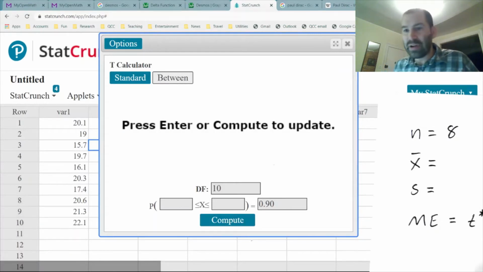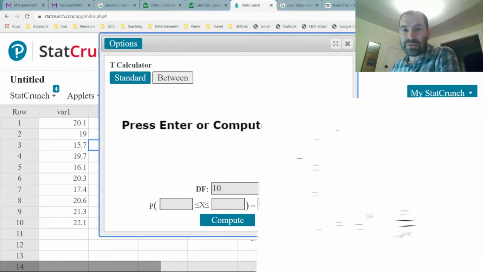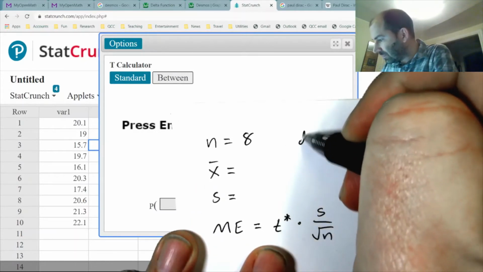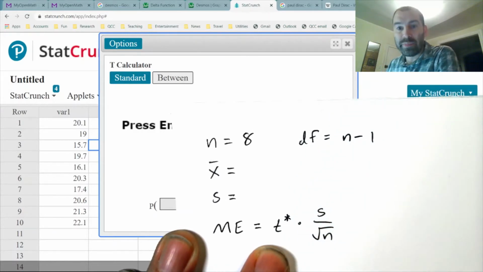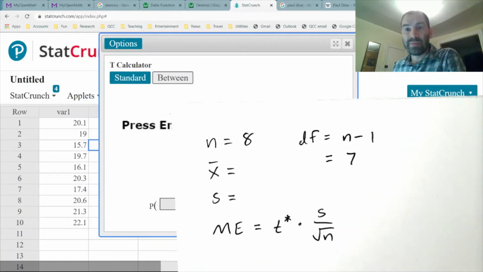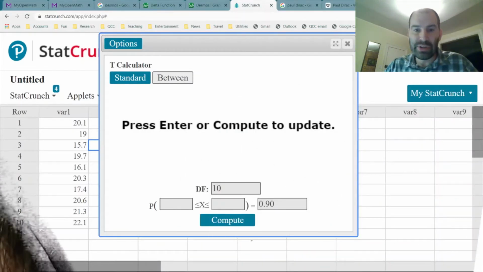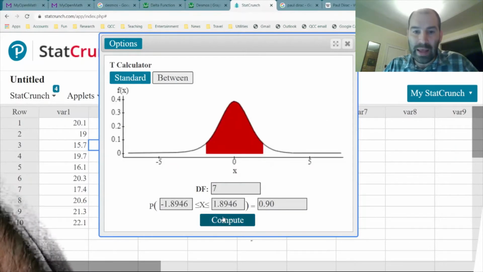The degrees of freedom come from the sample size. Remember that degrees of freedom is equal to sample size minus 1. So in this case, it's going to be 8 minus 1, it'll be 7. So we're working with 7 degrees of freedom. There we go. And now we have our critical t-score.